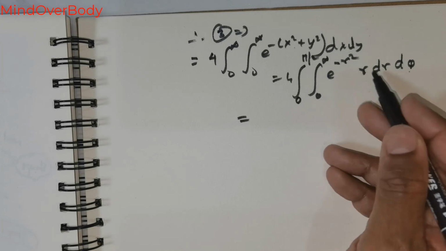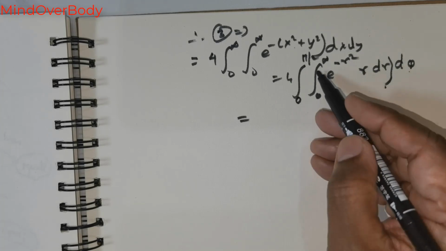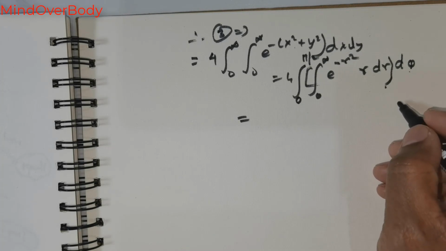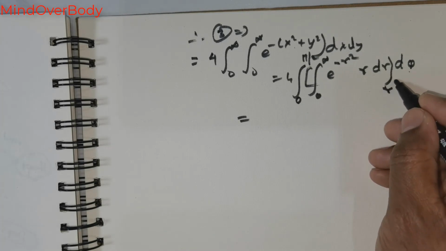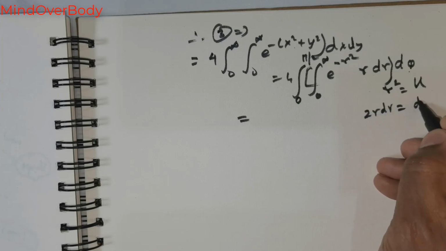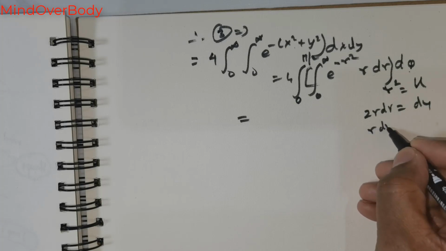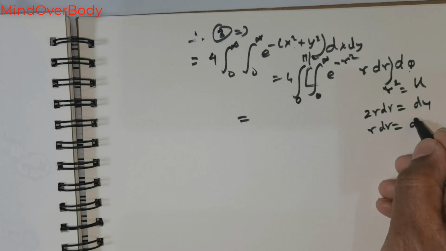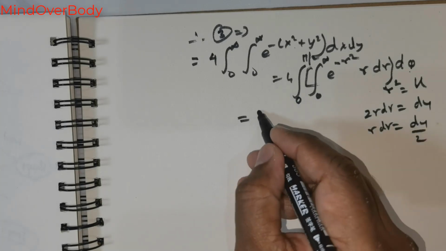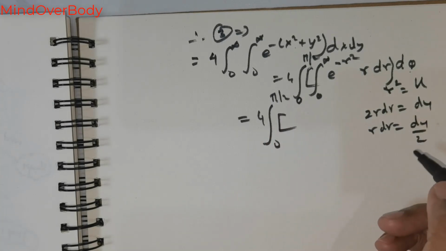So now we need to integrate this value. I'm going to integrate this quantity first. If I take r² equal to u, then 2r dr is equal to du. I got only r dr, so r dr is equal to du divided by 2. So 4 times the integral from 0 to π/2 is placed there.